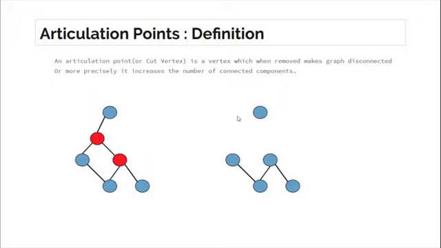In that case, we would have two different connected components. First one is this and the second one is this. So we see the total number of connected components has increased. So this node is actually a cut vertex or articulation point. Same goes for this.